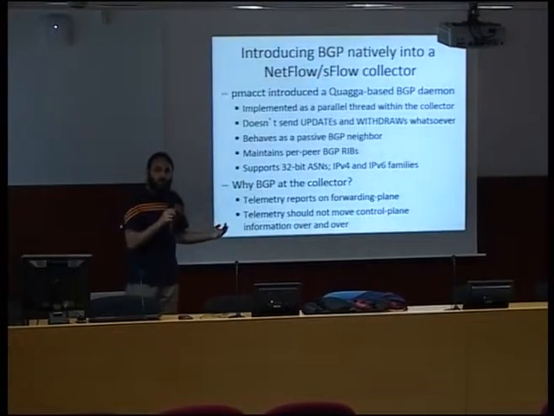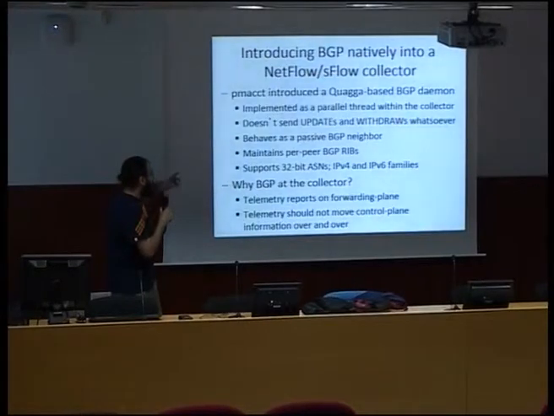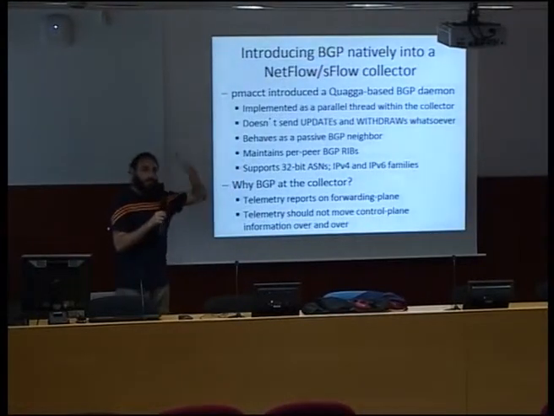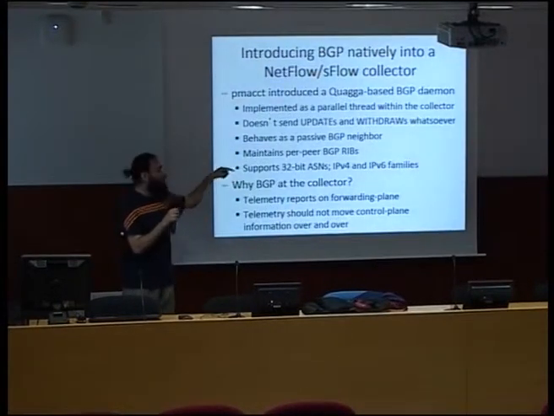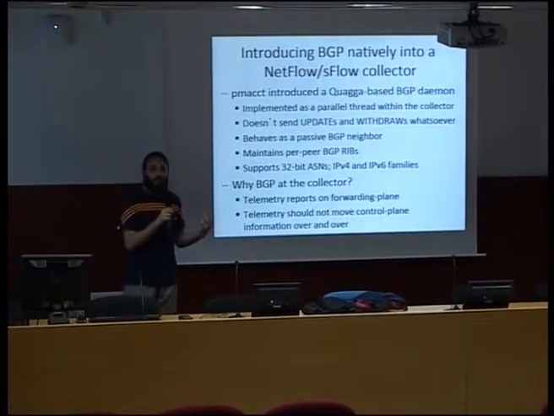There were only commercial vendors doing that, you would pay a lot of money, and most of them were even suffering from scalability problems. So it was a very fun job to do in that time frame. The NetFlow thread receives data, the BGP thread receives data, and the moment you get a NetFlow record from, let's say, a router, you correlate this data with BGP if it is available.